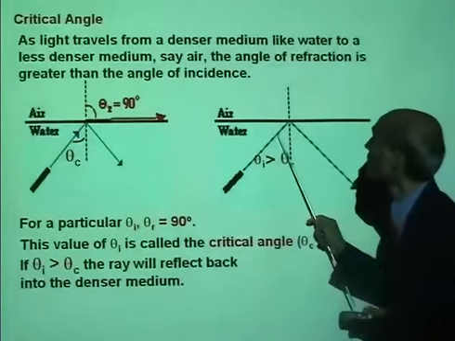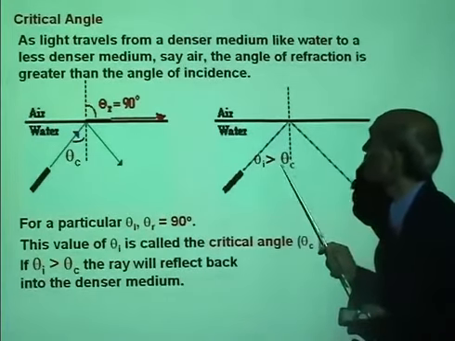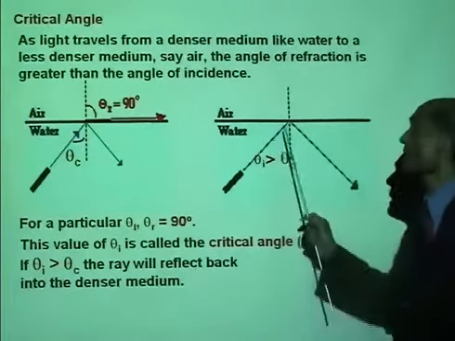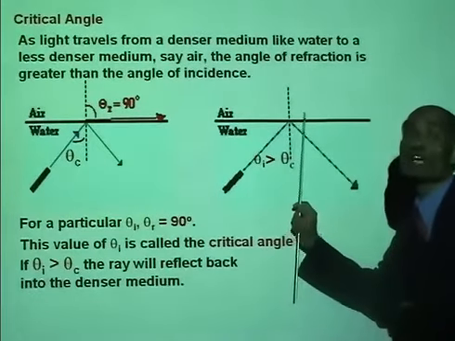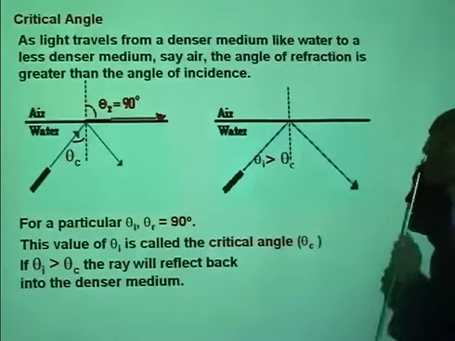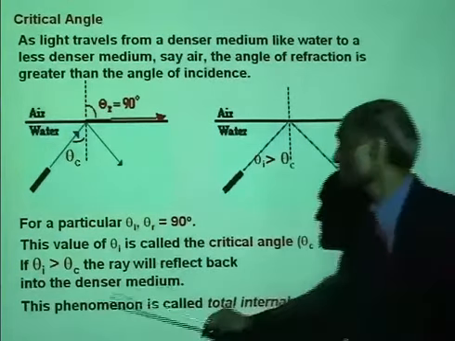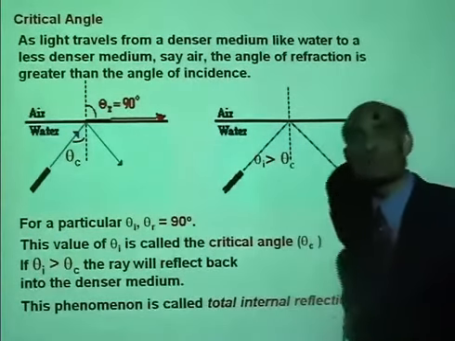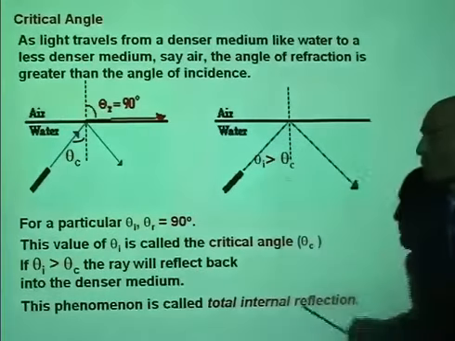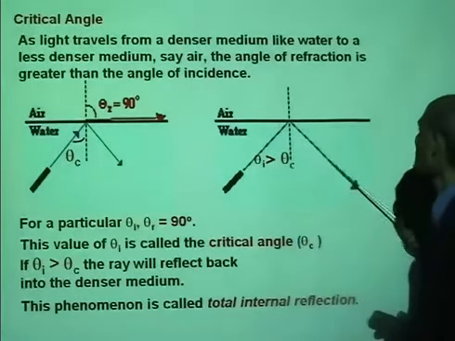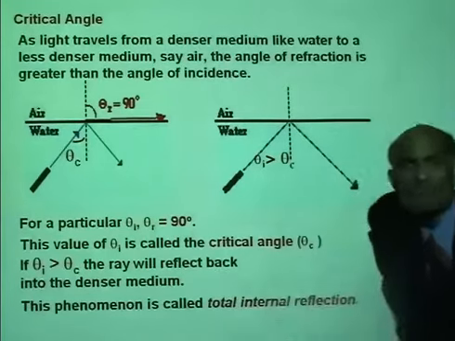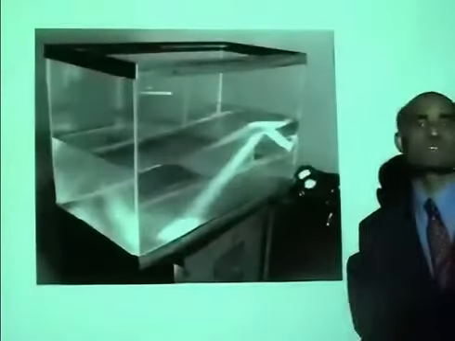So here I have the angle of incidence greater than the critical angle, and the ray does not go into air anymore. It is reflected back into water. Now, this phenomenon is called total internal reflection. In other words, the ray is totally reflected back into the medium.